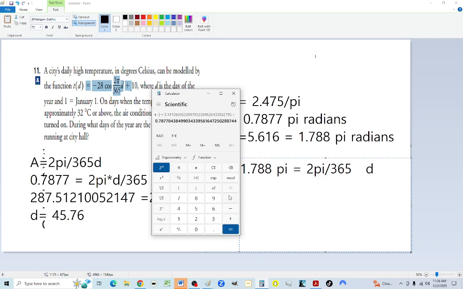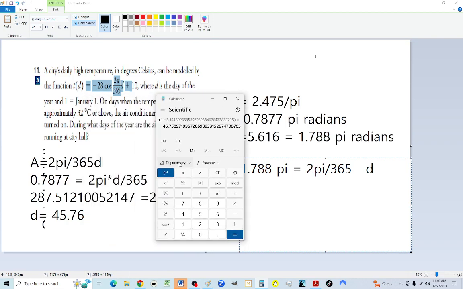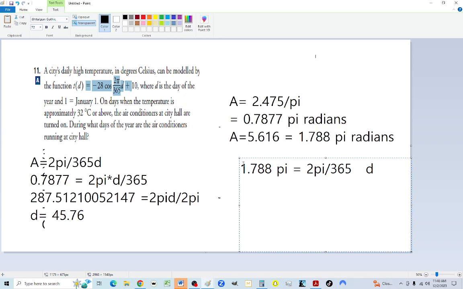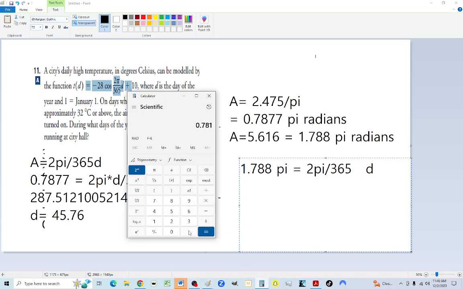There we go. So first thing, we've got to multiply by 365, and then we've got to divide by, open brackets, 2 times pi, close brackets. And you get, oh, we're getting the same day. Oh, I think I did it wrong. I'm going to do 0.788. Oh, I did the first angle. Damn it. So now you've got to do the second angle. My God. Okay, 1.788.